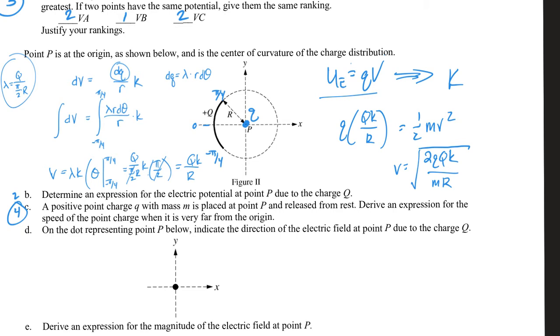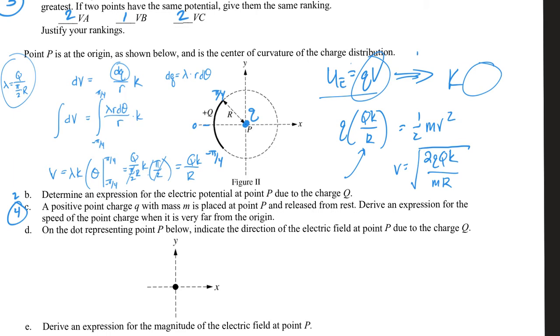They gave 1 point for any statement of conservation of energy. 1 point for correctly substituting in that the potential energy is QV here and it's 0 when it's traveled very far away, and for correctly substituting whatever you got for the potential here. So if you got the wrong answer but substituted in correctly here, you got a point for that.